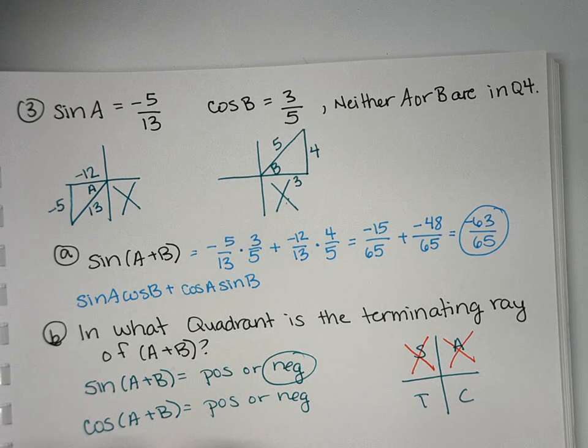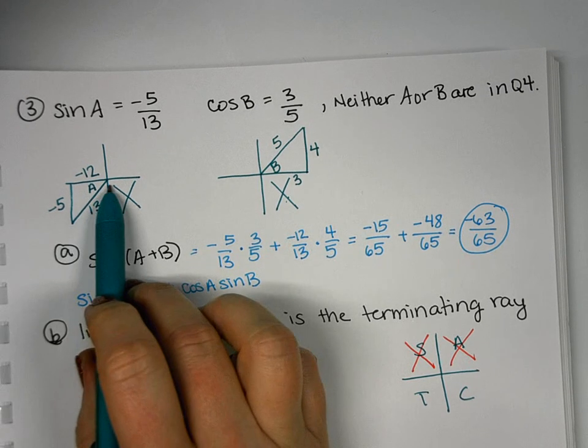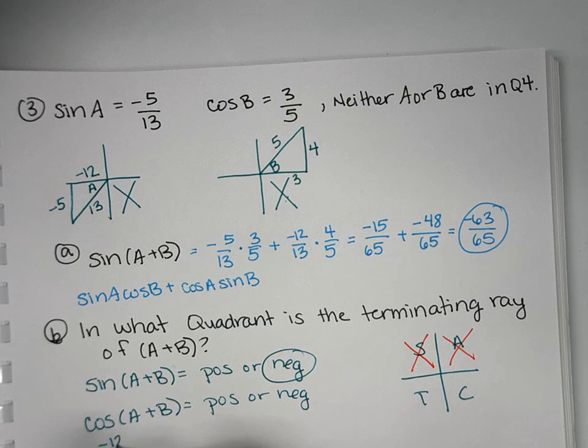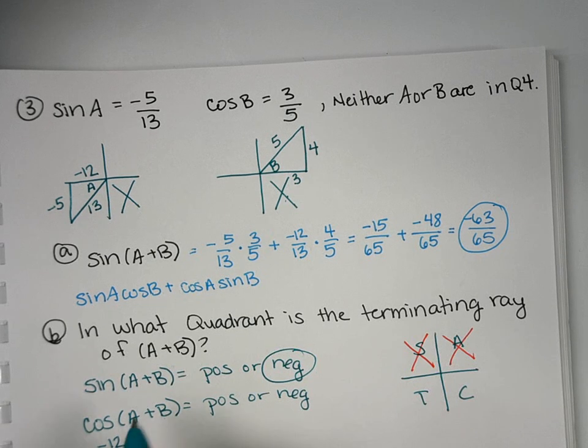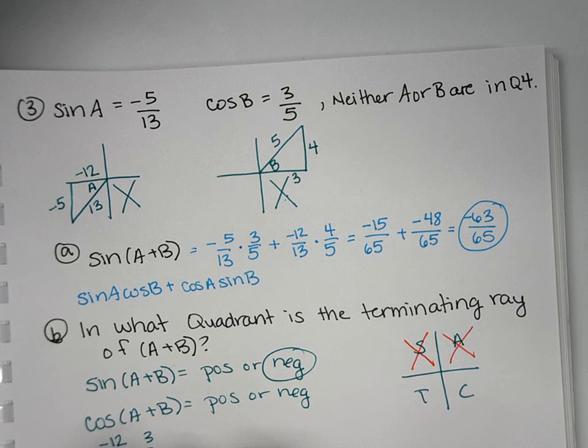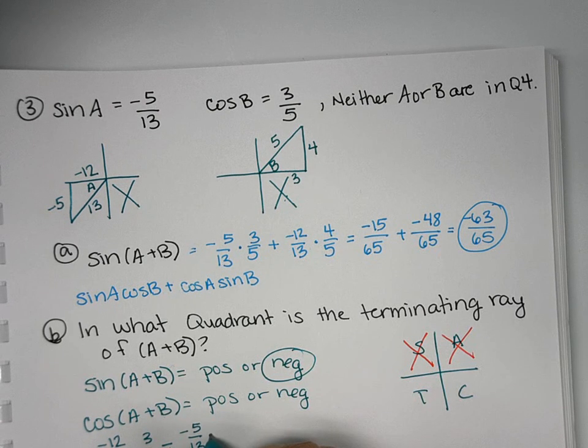So if we do cosine of A, our cosine is negative 12 over 13 times cosine of B, which is 3 over 5, minus, because we have to go opposite. Now we're going to do sine of A and sine of B. So sine of A is negative 5 over 13. Sine of B is 4 over 5.